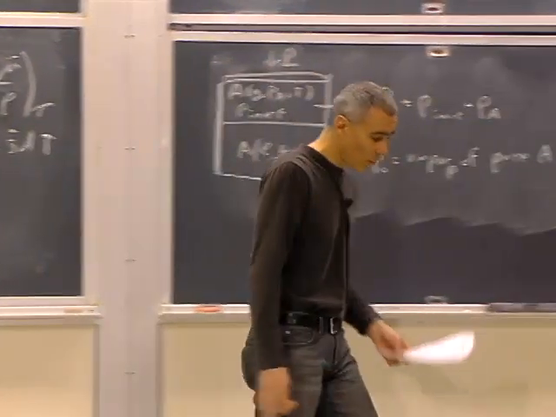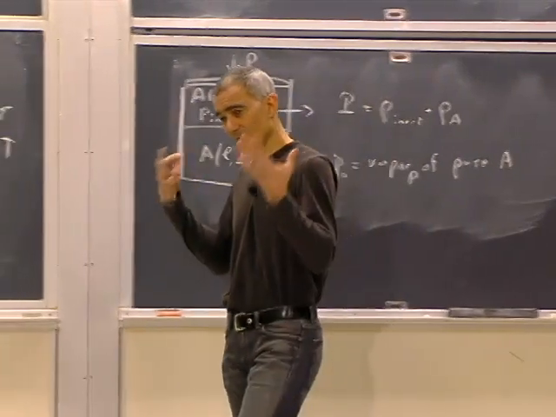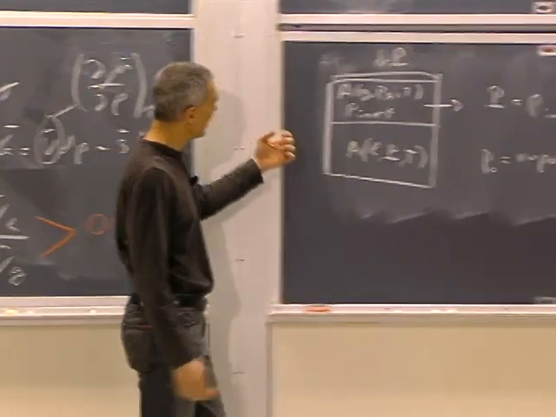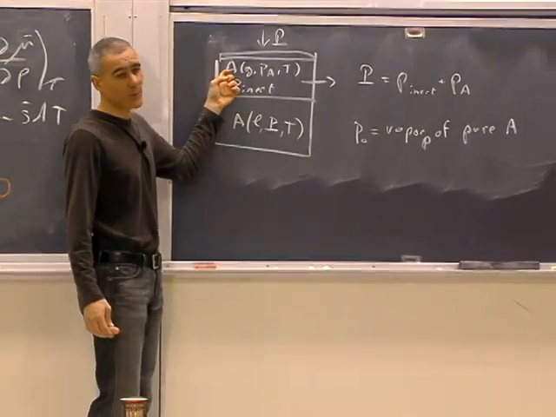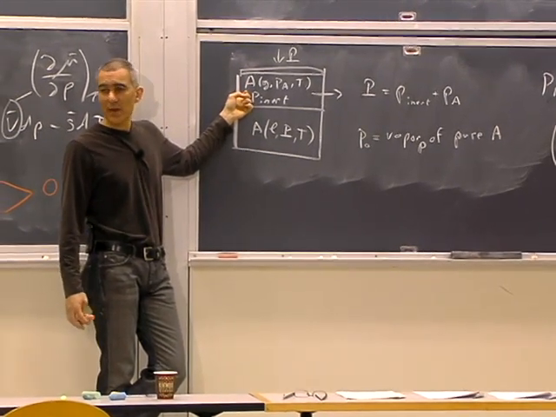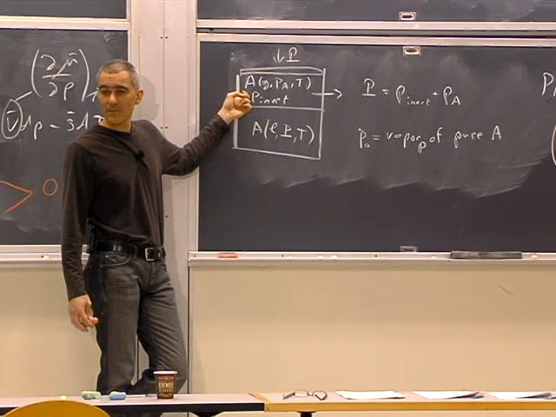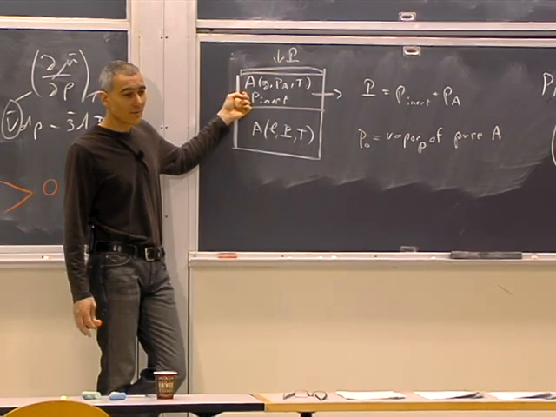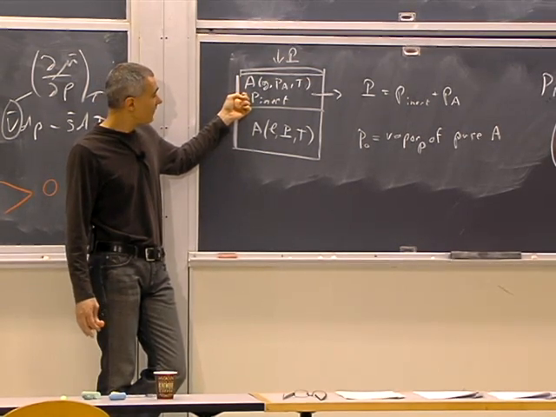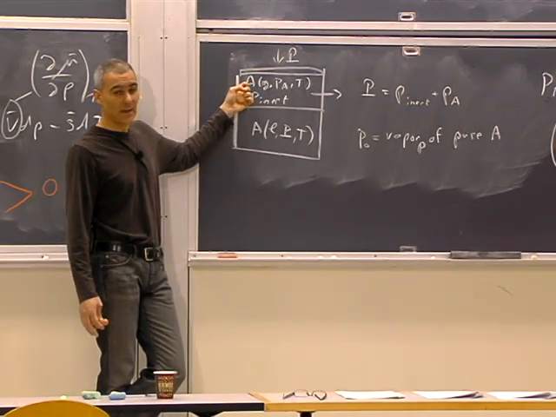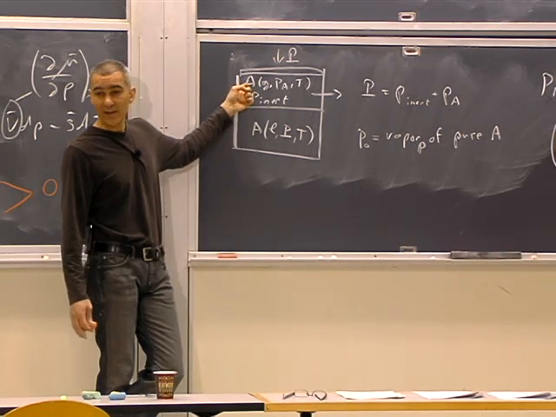But let's think about why it would make a difference just logically. In the absence of inert gas, I just have the pure substance. I add some inert gas. What happens to the entropy on top? It's increasing, right? Do systems like to have more entropy? Yeah. So I have a lot of inert gas here, a small amount of A. What if I had a little bit more A in the presence of the inert gas?